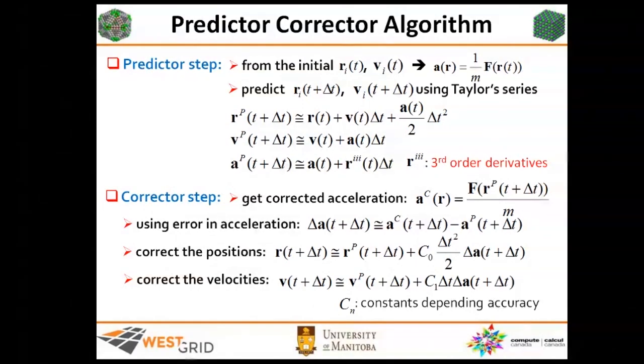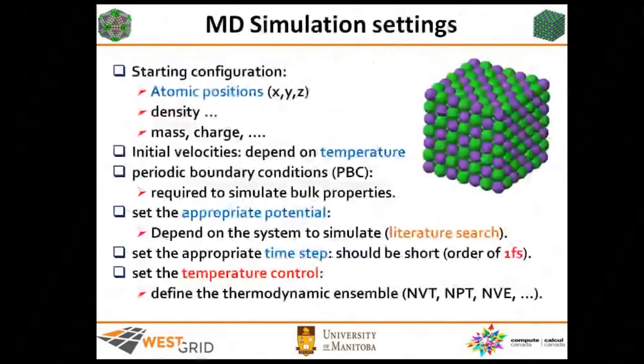You cannot just take positions in any order and start the simulation. You have to set the mass, charge, and so on. Because the algorithm uses initial positions, it also needs initial velocities to start the simulation. For the initial velocities, you can say that you are going to run the simulation at a given temperature. From the temperature, you can generate a set of velocities for each particle.